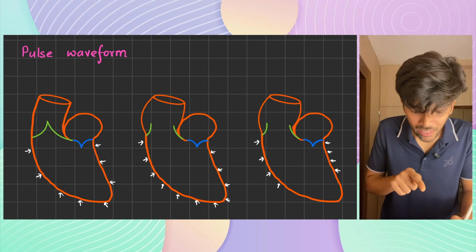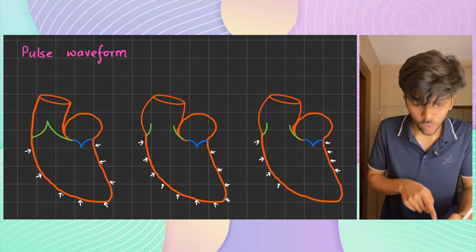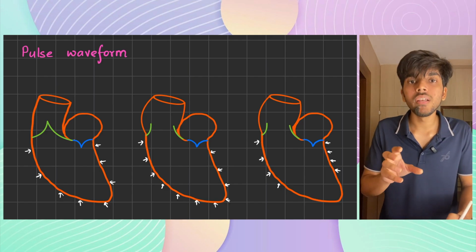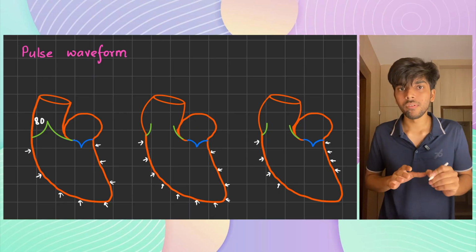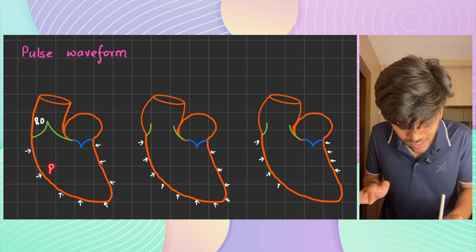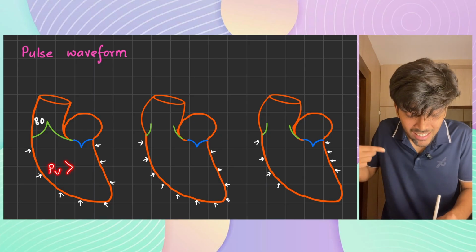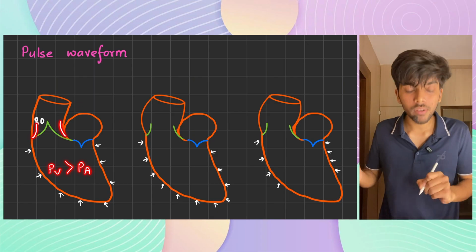Normally, when the aortic valve is closed, the pressure inside the aorta is the diastolic blood pressure, which is normally around 80 mm of Hg. It is only when the pressure inside the ventricle becomes greater than the pressure inside the aorta that the aortic valve will open.